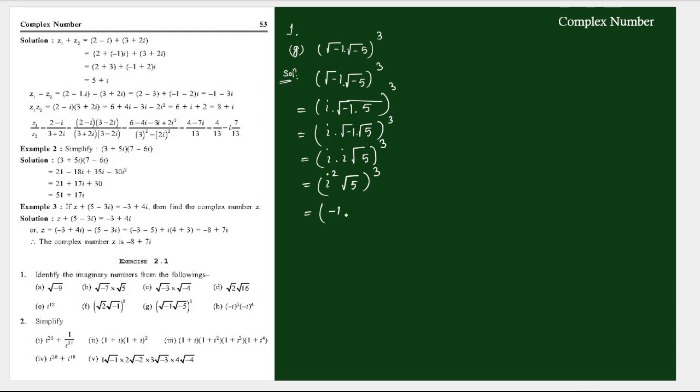-1 root 5 whole cube. Now -1 cube is what? Minus root 5 whole cube.